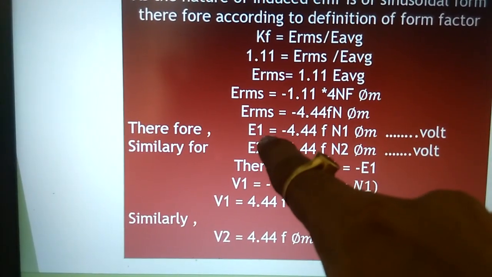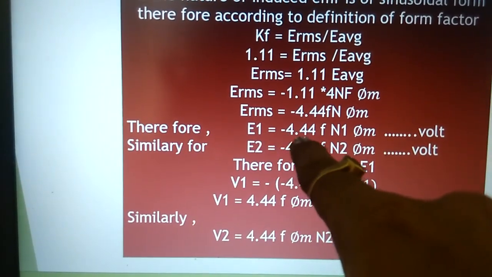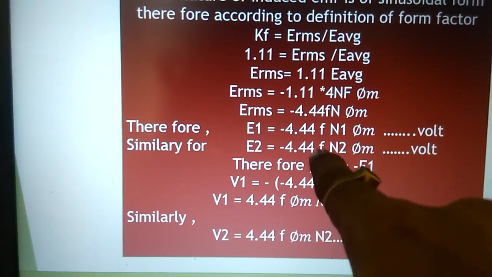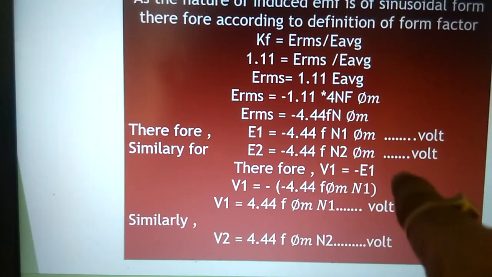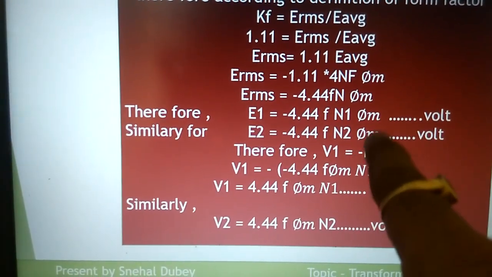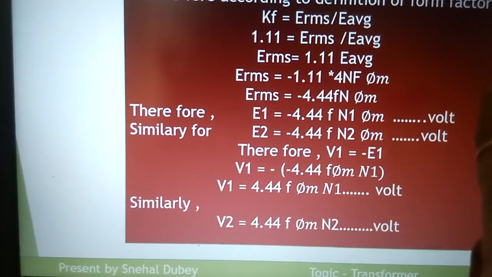So according to this, if you want to write it for E1 and E2, then E1 is equal to 4.44 f into N1 into phi m, and E2 is equal to 4.44 f into N2 into phi m volts, with minus signs. Therefore, as I told you, according to Lenz's law, the EMF developed in the primary or secondary winding will definitely oppose the voltages.